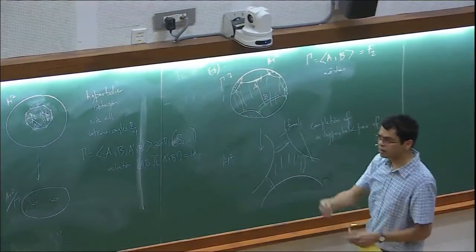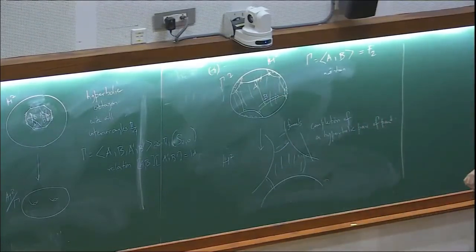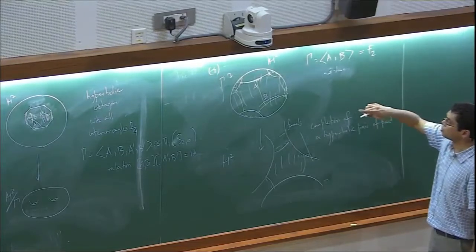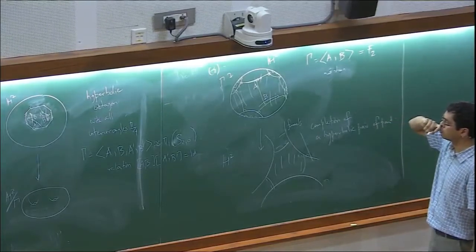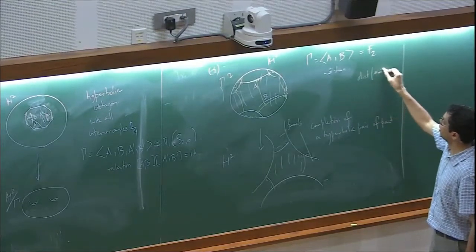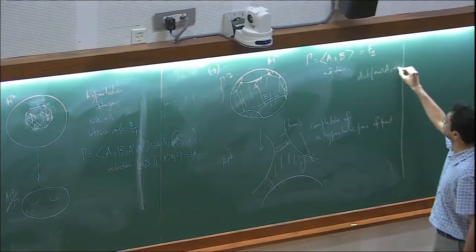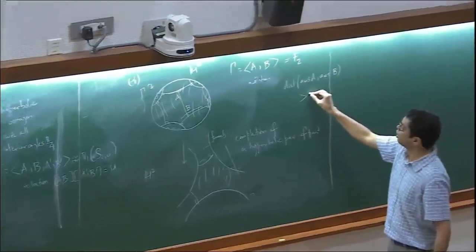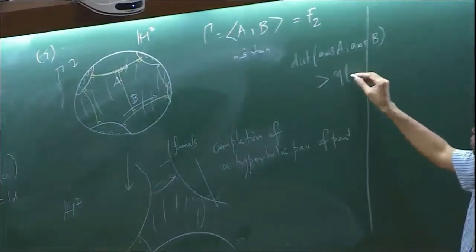In fact, since I've mentioned the collar function, it is a fact that the distance between the axis of A and B should be greater than the collar function of the translation length.